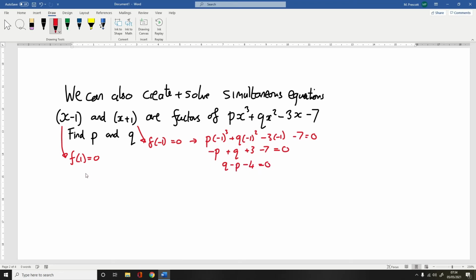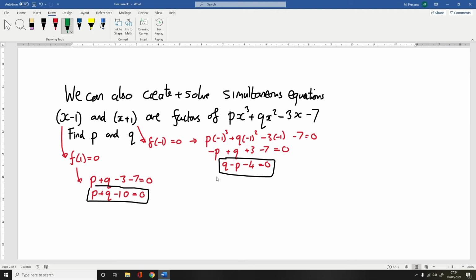It's about as far as we can simplify it. The other one will tell us that p plus q minus 3 minus 7 equals 0. So that will tell us p plus q minus 10 equals 0. And at that stage, you have two simultaneous equations that we can try and solve.